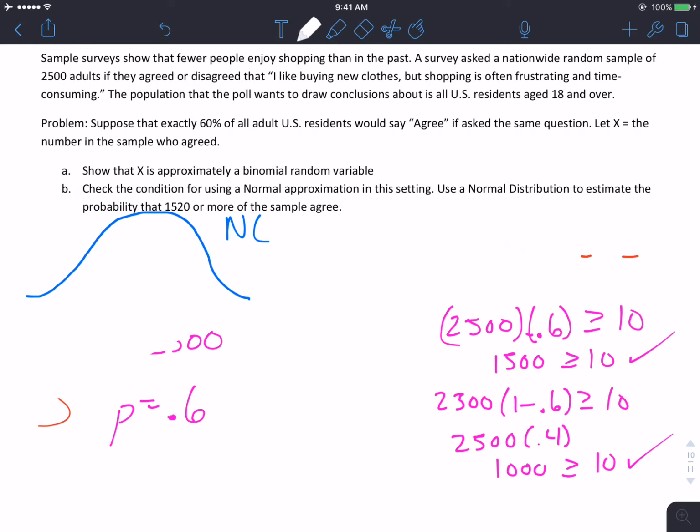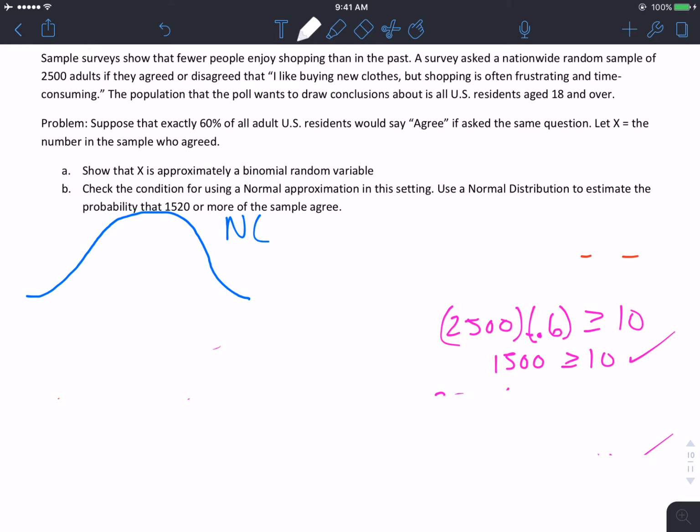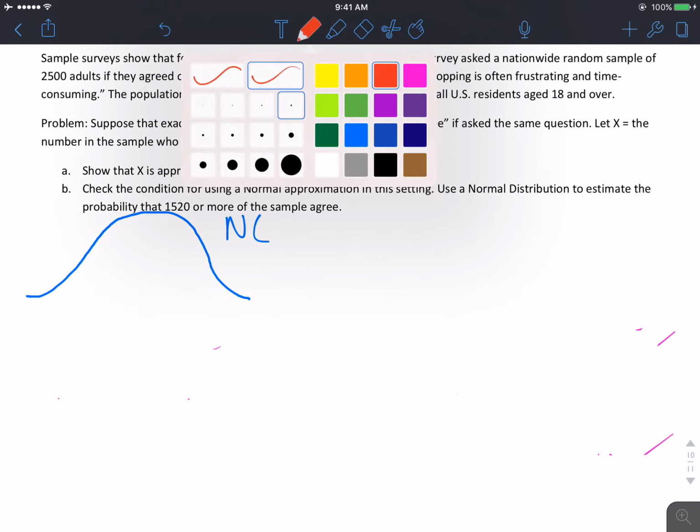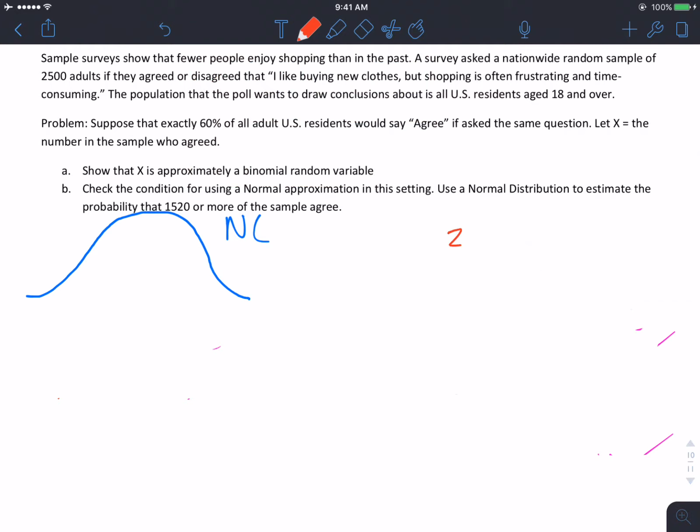The mean, if we know our probability, we could go ahead and do 2,500 times our probability, and what we will get is a mean of 1,500. And the next thing is we need to go ahead and find our standard deviation.